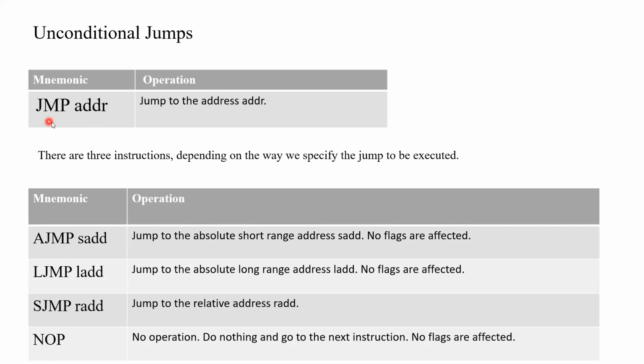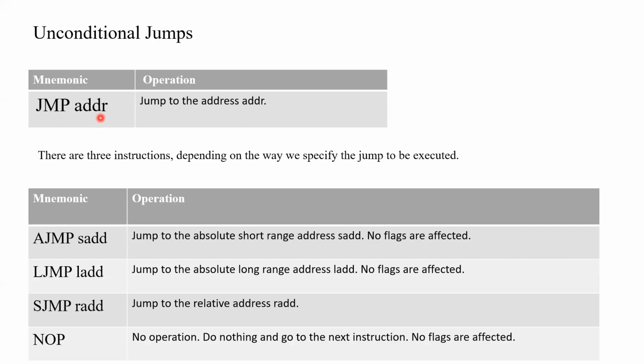JMP address is nothing but an unconditional jump to the address ADDR. You're not checking for any condition, and if you write something like JMP address as part of the program, it means that the program counter will hold the address ADDR.